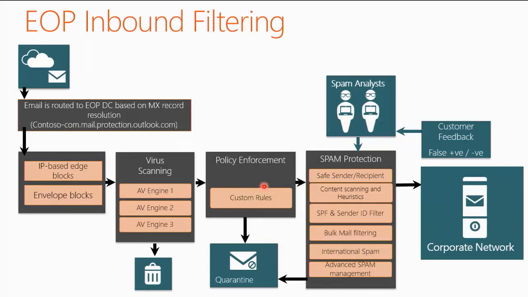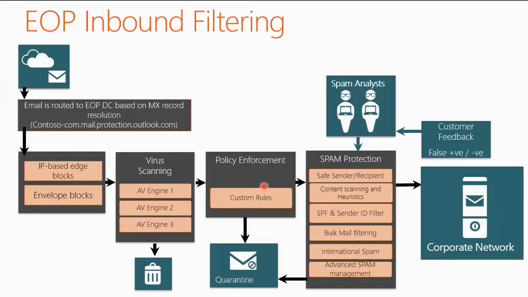This is where Exchange transport policies kick in. And depending on the number of policies you have and depending on criteria, the appropriate actions are taken here. One of the actions that you could configure is to quarantine the message. If the message triggers a policy that is configured to quarantine, the message will be quarantined right there.